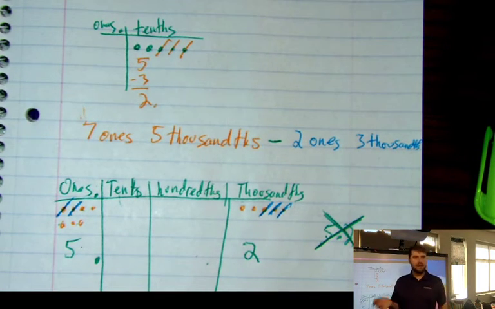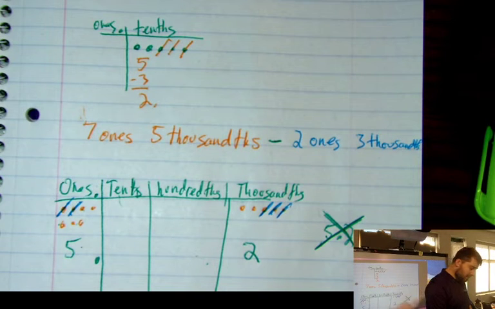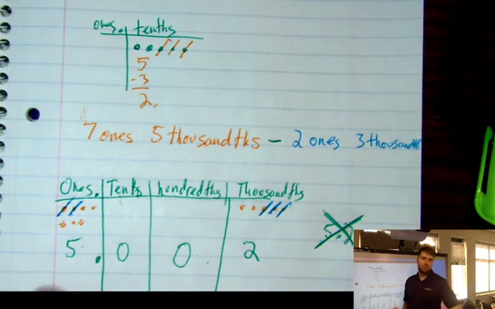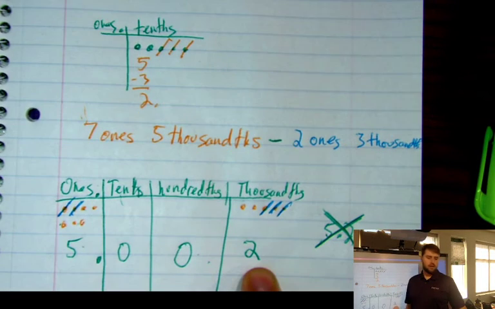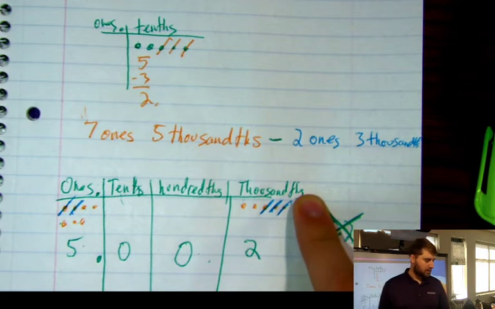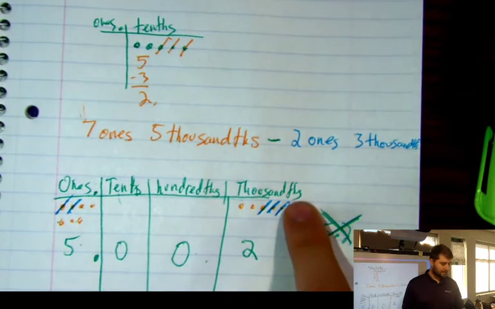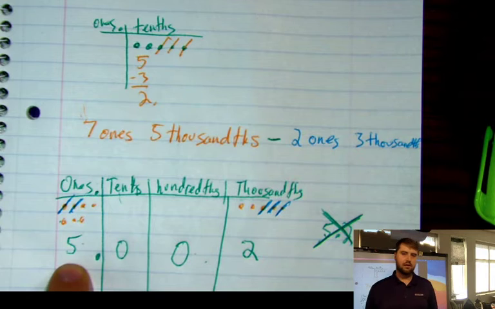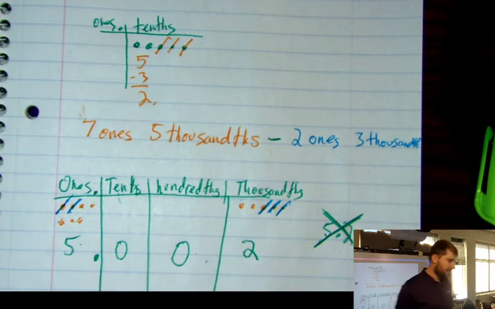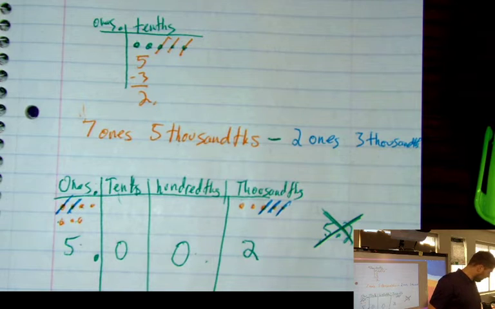And when a place value is empty, that's the same thing as saying there are 0 in it. So we would have 5 and 2 what? 2 thousandths. Because our 2 is in the thousandths place. We have 5 and 2 thousandths. All right, I like this so far.